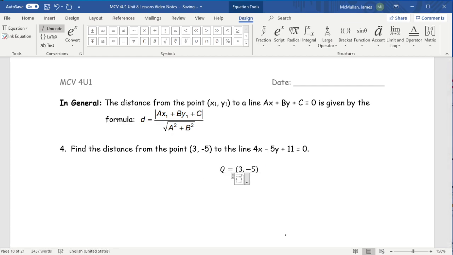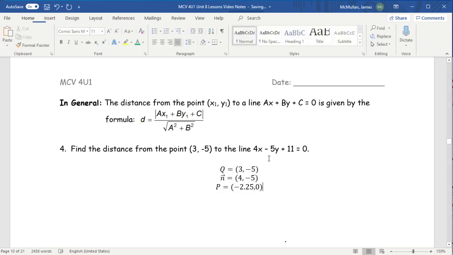We know the normal vector is (4, -5), and for a point P on the line, the problem is this is an odd number. I don't see how this is ever going to work easily, so let's say y is 0 and x is -2.25. That should work, because -2.25 times 4 is -9, and then plus 9 makes 0.